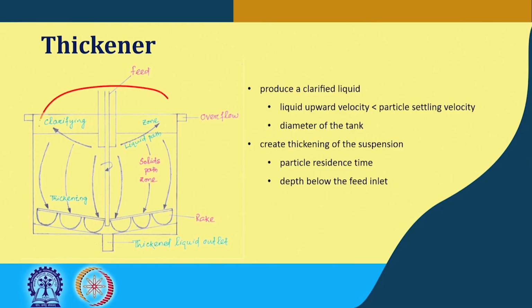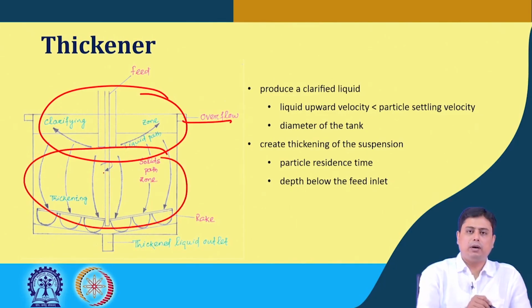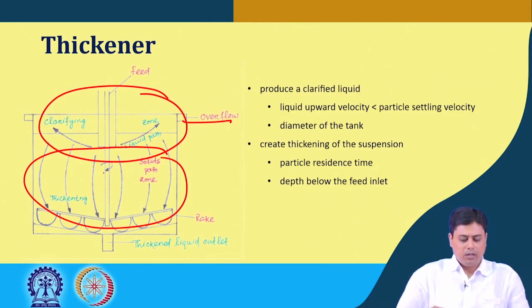In practice we have the upflow condition, where the clarified liquid flows and is taken out from the vessel, called the overflow, and the downflow region, where the solid particles settle.